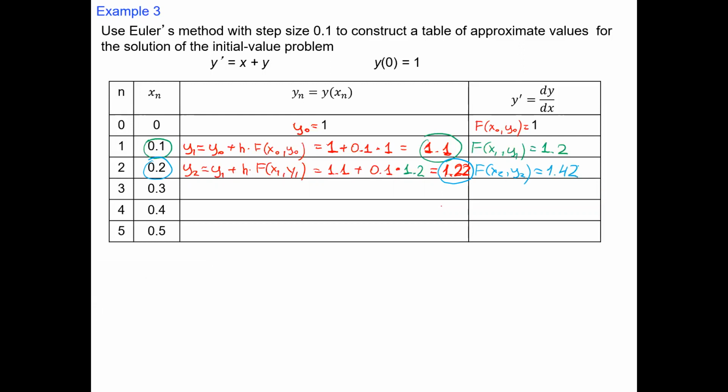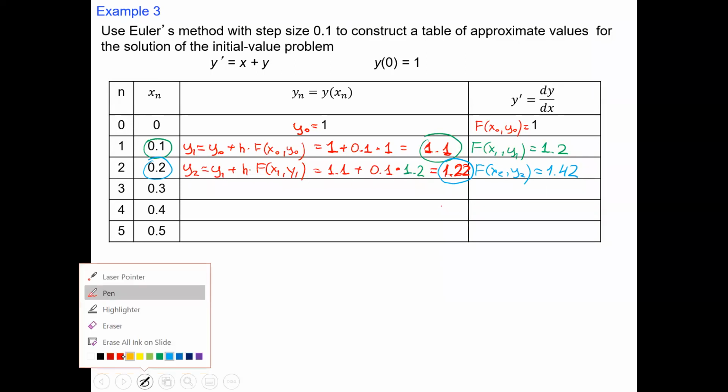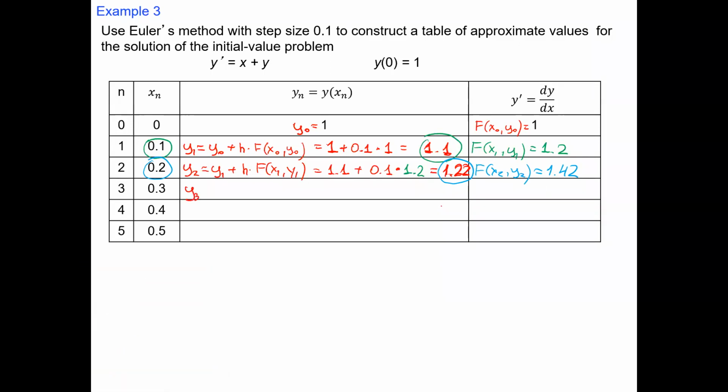Okay, now we do have a table with the slopes and with the values. Let's keep working. Y sub 3 will be y sub 2 plus h, the step size, times the slope at the second point, x sub 2, y sub 2. It means my y sub 3 will be 1.22 plus 0.1 times the blue slope, 1.42.